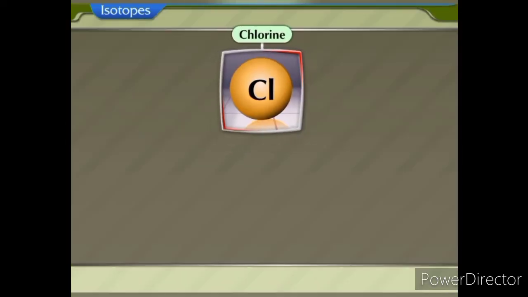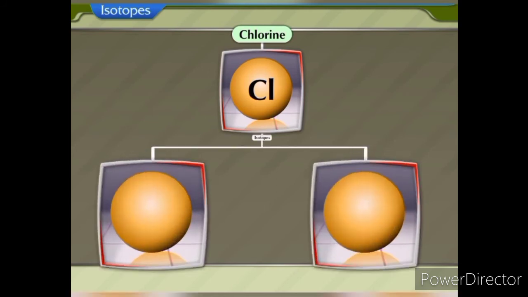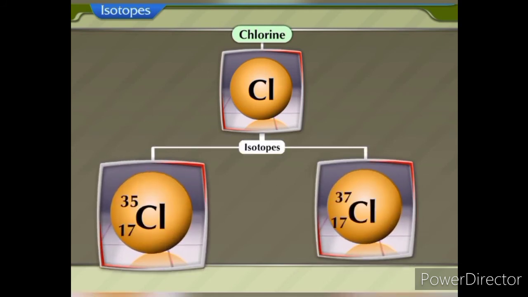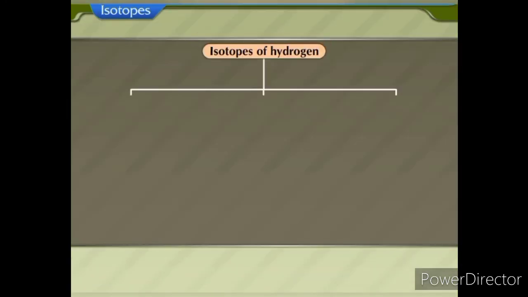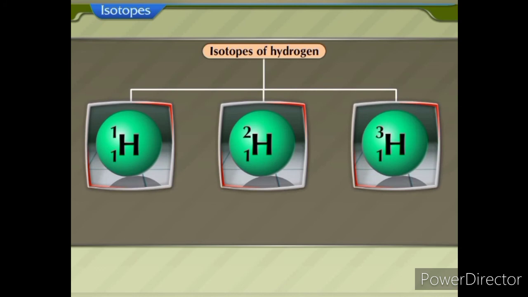For example, chlorine exists in nature in two isotopic forms, one with mass number 35 and another with mass number 37. Many elements consist of a mixture of isotopes. For example, hydrogen has 3 isotopes.